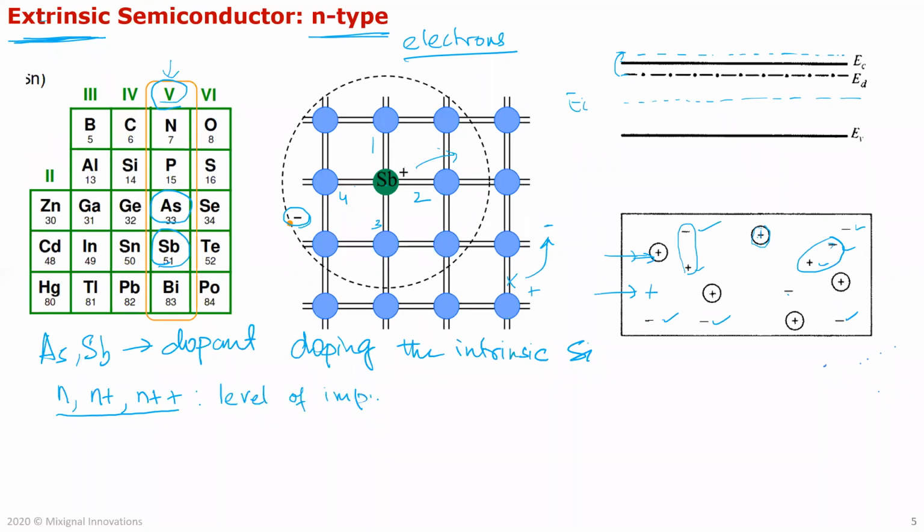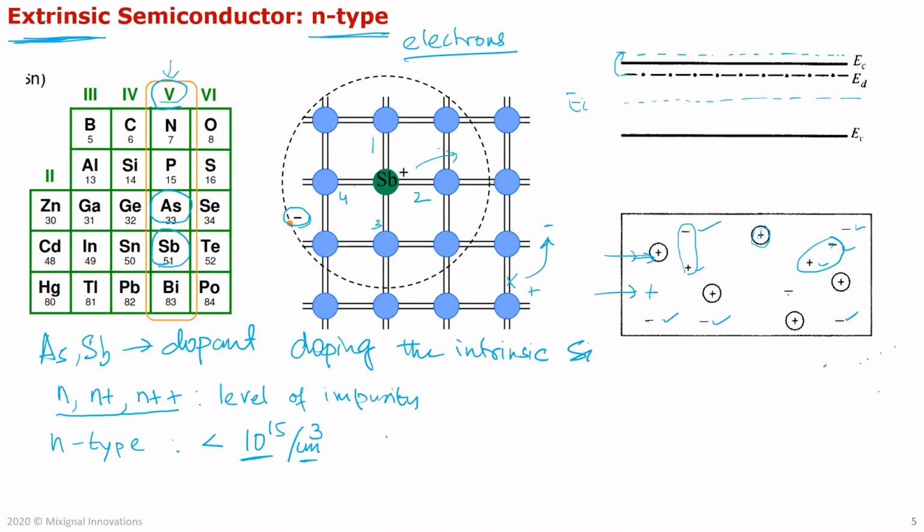So for example, when they say N-type, they typically mean your doping is less than 10 to the power 15 atoms per centimeter cube. Which means that these many electrons are available for you to conduct in a centimeter cube of volume, or these many antimony or arsenic atoms are there.